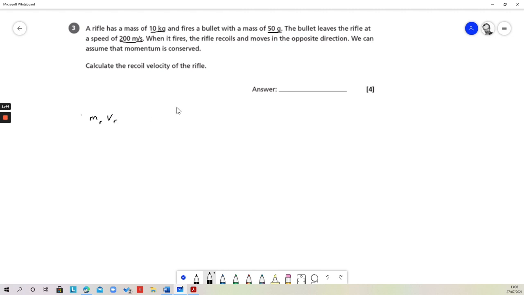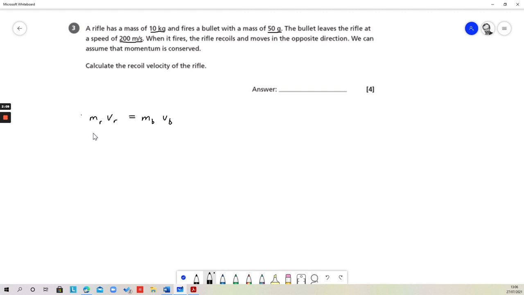And because of conservation of momentum, the momentum of the rifle is going to be equal in size to the momentum of the bullet. So let's refer to the momentum of the bullet. That's going to be the mass of the bullet multiplied by the velocity of the bullet. So that's a good start, because we can now see the relationship that we're going to use.